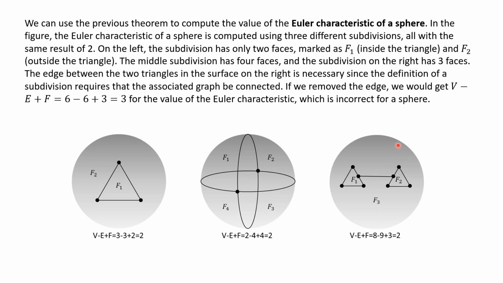Then the one on the right is a bit tricky. We put in two triangles, and then, of course, the remaining area here. But if you recall, the theorem said we needed to have a connected graph. If you don't use a connected graph, you won't get the answer 2 again. So we need to connect these two triangles.